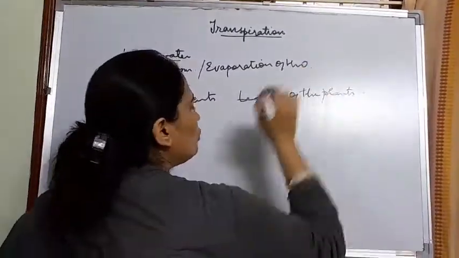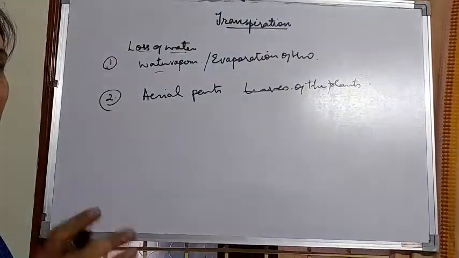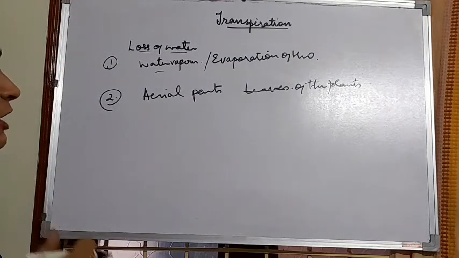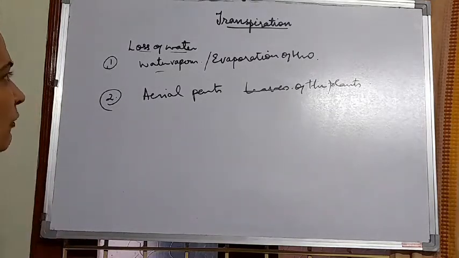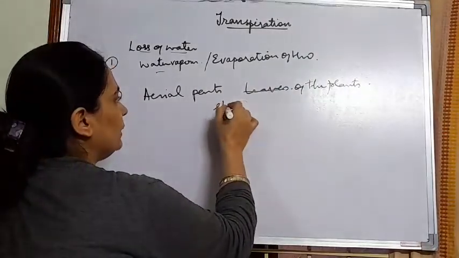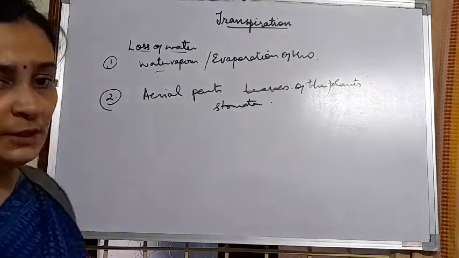Sometimes the roots also help, and sometimes the surface, that is the lenticels, also help in transpiration. So the loss of water in the form of water vapor from the aerial parts of the plants, specifically through the stomata, is called transpiration.